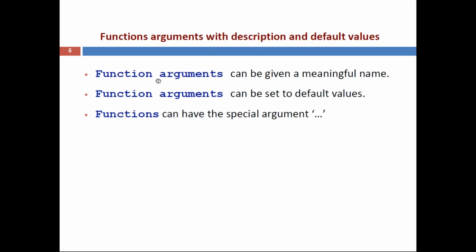Function arguments can be given a meaningful name, so you have to give valid arguments only. Function arguments can be set to default values. Sometimes you can set default values if you are not giving any values. Then functions can have a special argument, so within single quotes, you can mention the arguments.